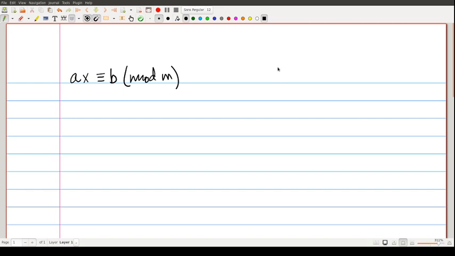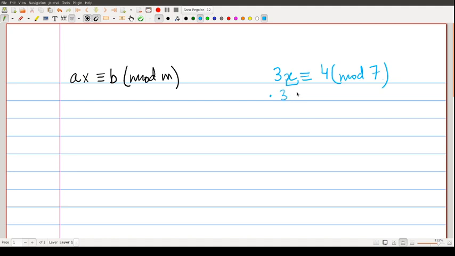So for example, if you have an equation of the type 3x congruent to 4 mod 7, and you want to solve this equation for x, you're looking for a number that 3 times that number when divided by 7 leaves a remainder of 4. This is how you read the equation.